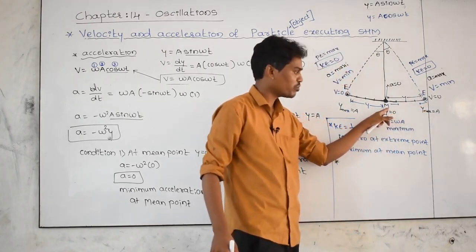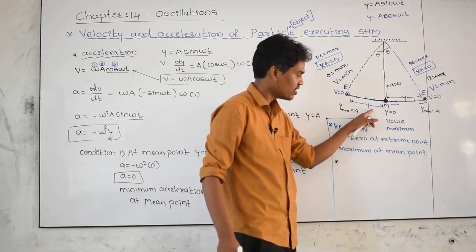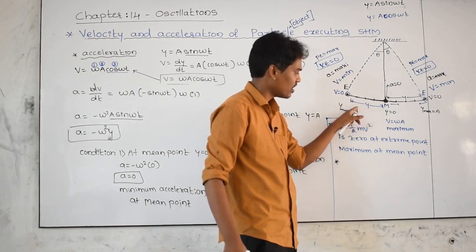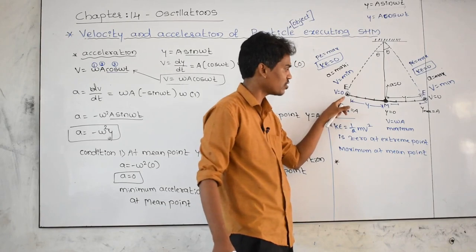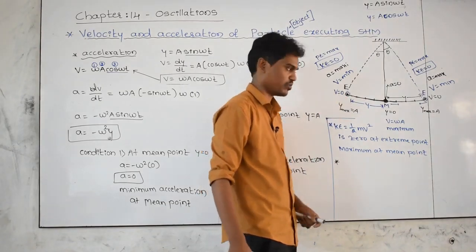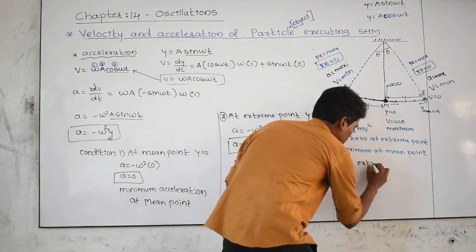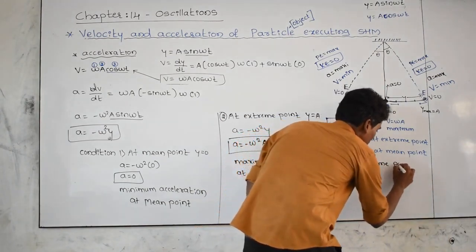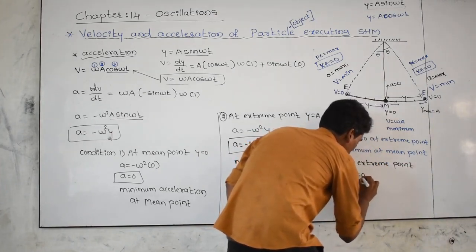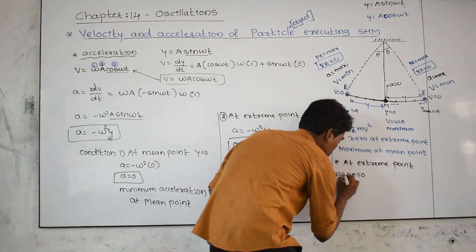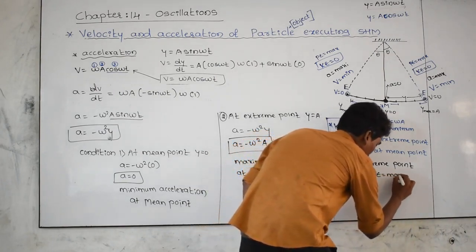Once the body crosses the mean point, velocity goes on decreasing, kinetic energy goes on decreasing, potential energy goes on increasing. At this point kinetic energy becomes 0, velocity 0, kinetic energy 0, potential energy becomes maximum. Therefore at extreme point kinetic energy is equal to 0 because velocity is equal to 0, and potential energy becomes maximum.